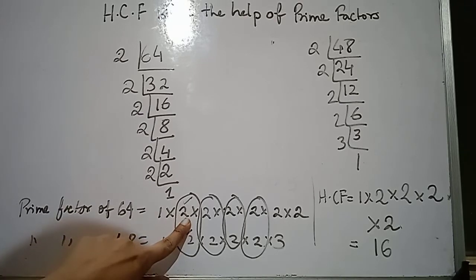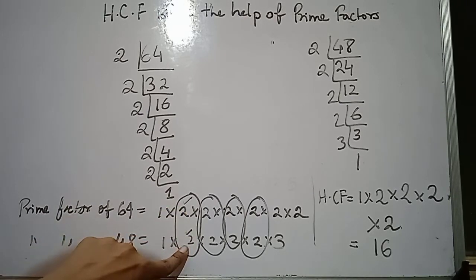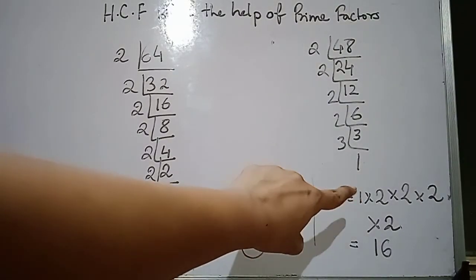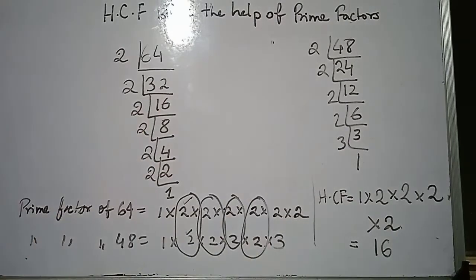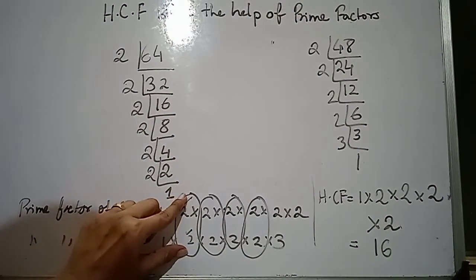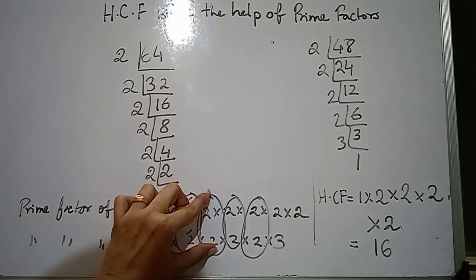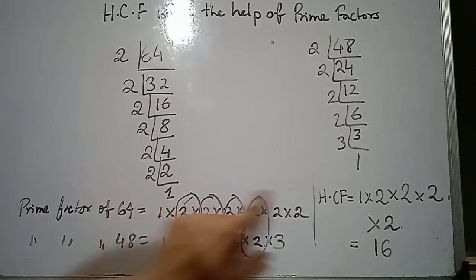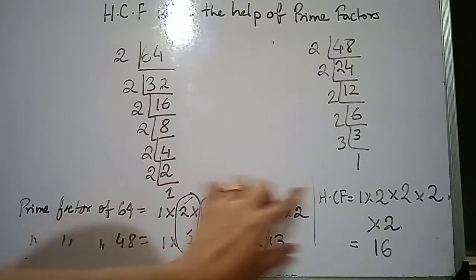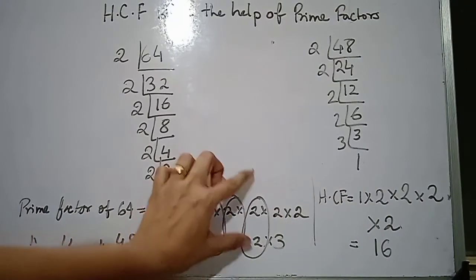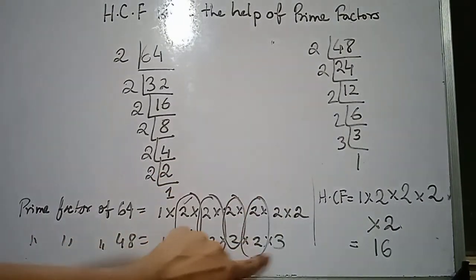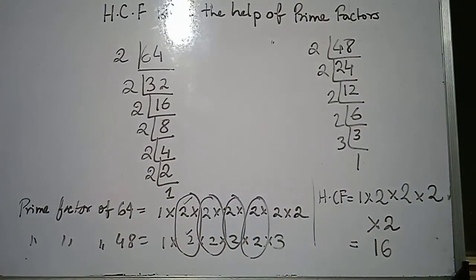We have 2 here and 2 here, which are common for 64 and 48, so we write only one 2 in the case of HCF. For each pair we take one 2, and 2 into 2 into 2 into 2, that is 16, is the HCF of those numbers.